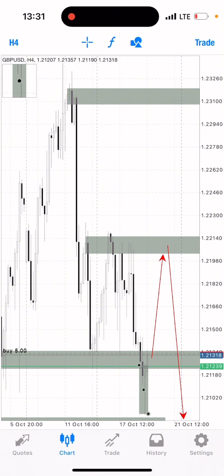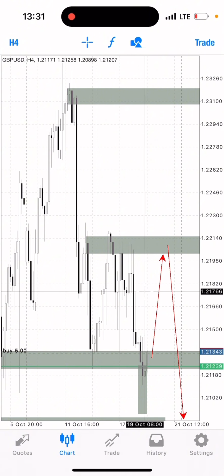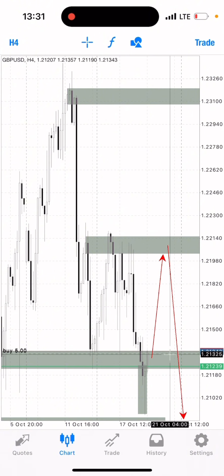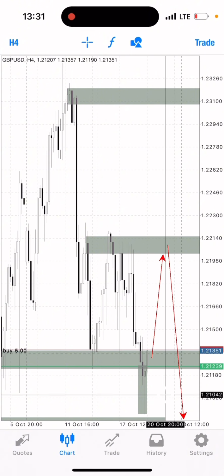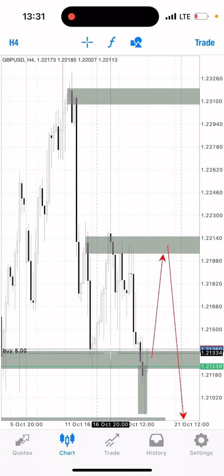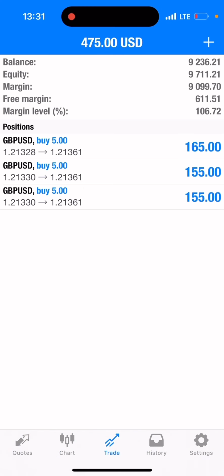Whenever this happens on a zone, you should know that yeah, this is 100% accurate and the market is gonna reverse. So after this strong rejection here on the 4 hours time frame, I'm expecting this market to reverse. Okay, so it's either the market reacts, goes to the upside and then goes back, or it will come to this level and then continue to drop. Okay, so I'm expecting two things to happen right now.